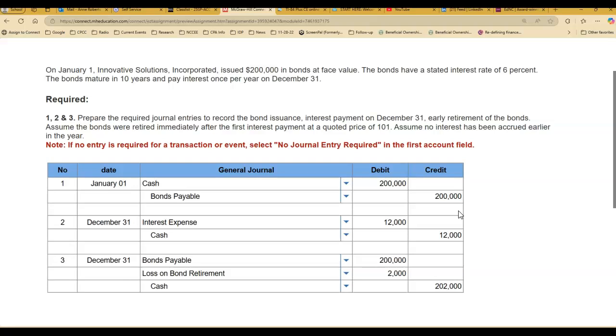We bought an asset, we depreciated it for some number of years, we had a net book value. If we received more than net book value, we had a gain. If we received less than net book value, we had a loss. That's on the asset side. On the liability side, now we look at it, if it cost us more to take the carrying value off the books, then we've got a loss. If it cost us less than carrying value to get it off the books, we've got a gain.